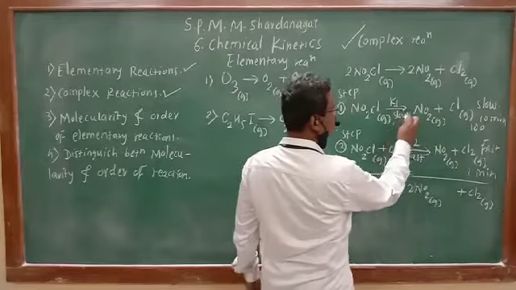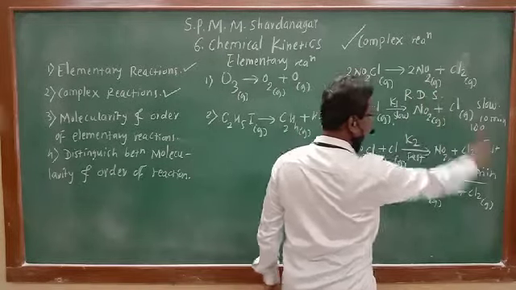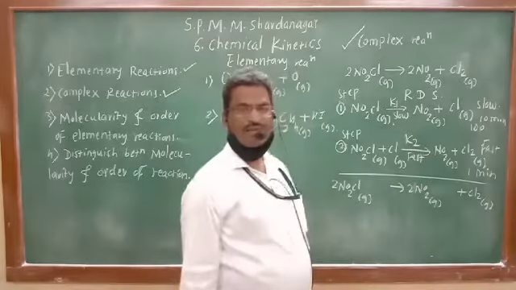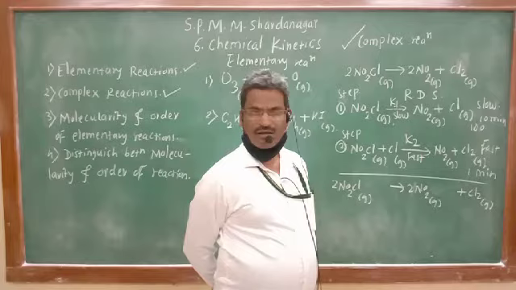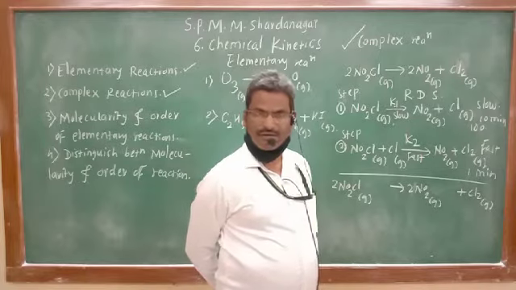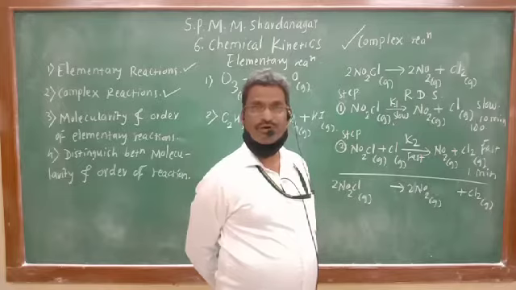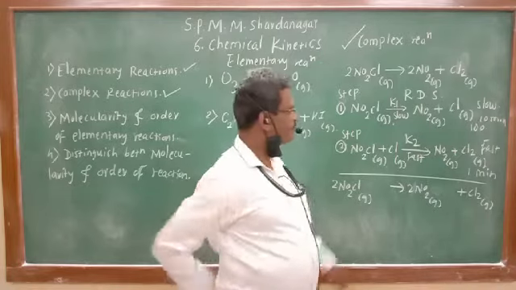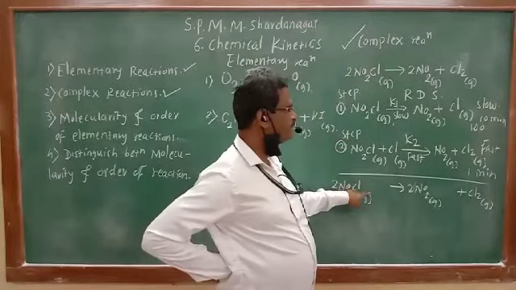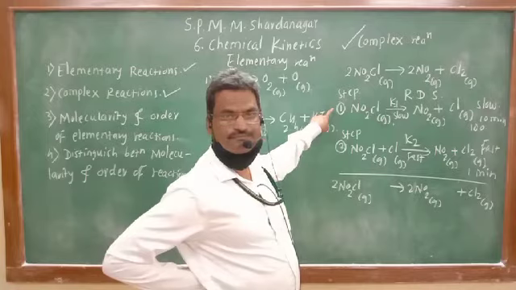Therefore, this is also known as RDS. RDS means rate determining step. That is known as the rate determining step, because the rate of this reaction depends on this first one.